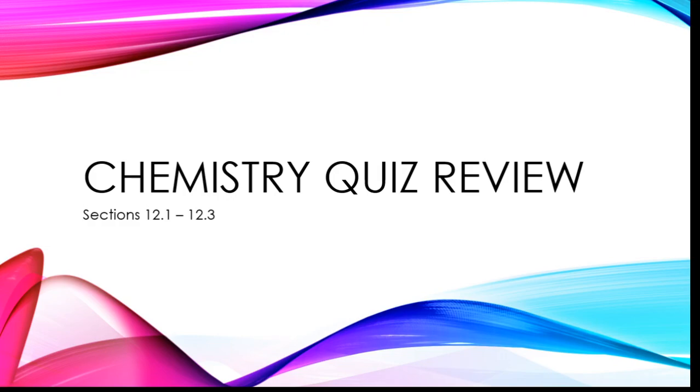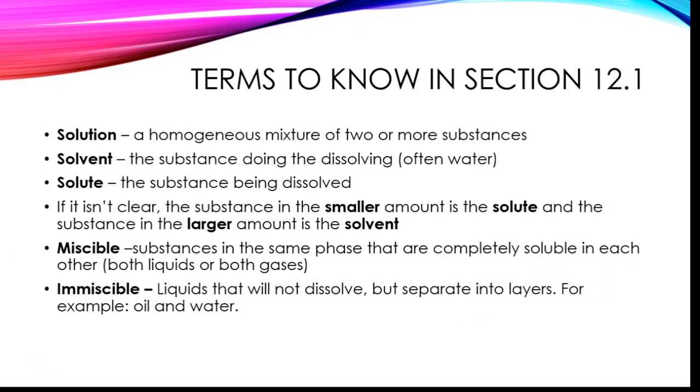We're going to review what's going to be on your quiz on Friday, and that is over 12.1 and 12.3. These are the terms you need to know in section 12.1. You've already gone through it, I hope. The one thing I want to make sure you know: if you have something besides a solid going into a liquid, the substance with the smaller amount is the solute and the larger amount is the solvent.